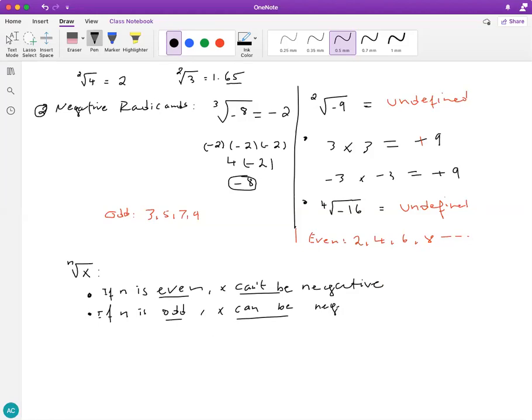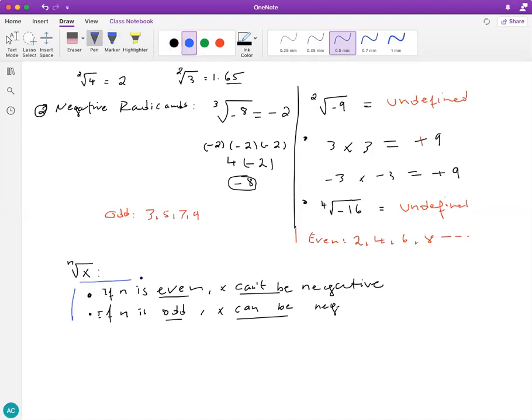And again, you can easily check for yourself whatever you think the answer is. Try to raise it to the index and see if you get exactly this. So of course here we are applying the rules of multiplication, the signs of multiplication. Keep that in mind. So let's see if we can do a few examples of that. So these are the 2 main ones for now, so keep these in mind.